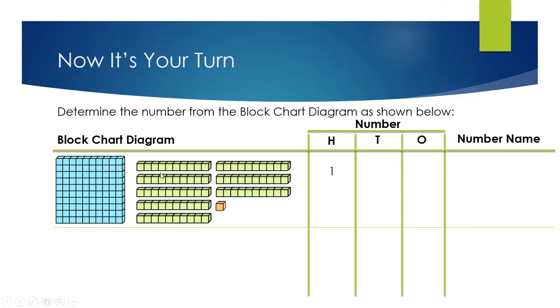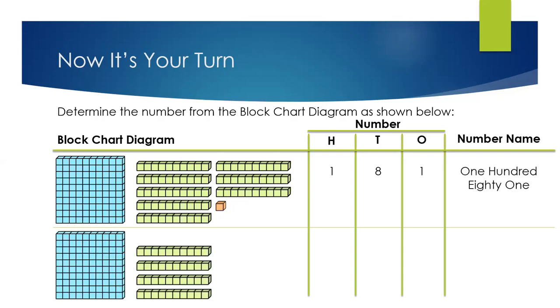Let us count the number of tens in this number. 1, 2, 3, 4, 5, 6, 7, 8. So 8 tens are there. And how many ones we are having? We are having only a single cubic block representing one ones. So here we are having one ones. So the number represented by this block chart diagram is 181.